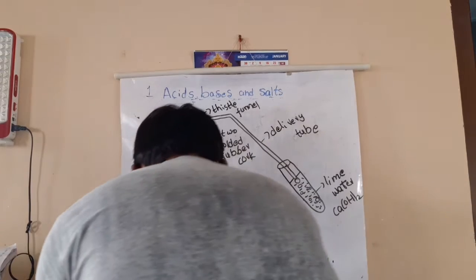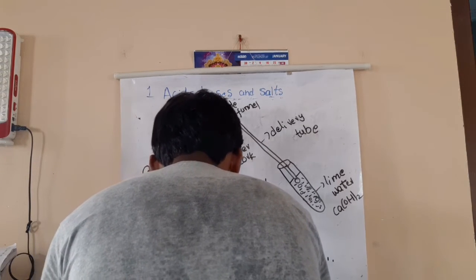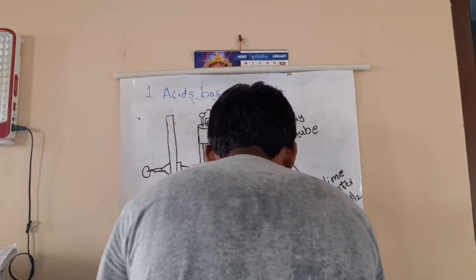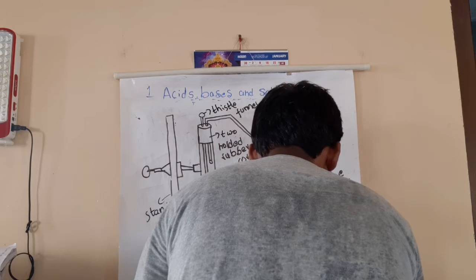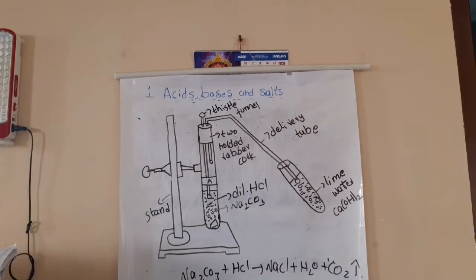Na2CO3 plus HCl forms NaCl plus H2O and releases carbon dioxide gas. Okay, this is the equation.